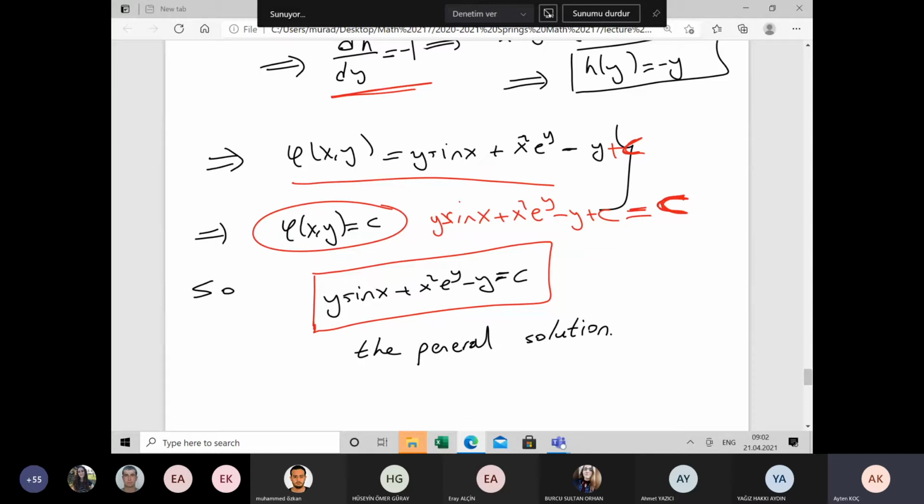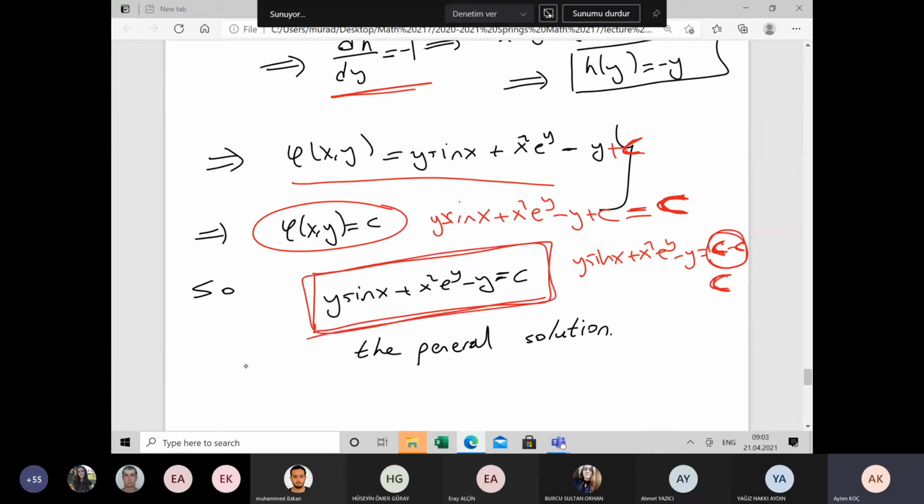So rewriting, y sine x plus x squared e to the y minus y is equal to c minus c. Abuse of notation, denoted by capital C, for example. So we obtain this one.